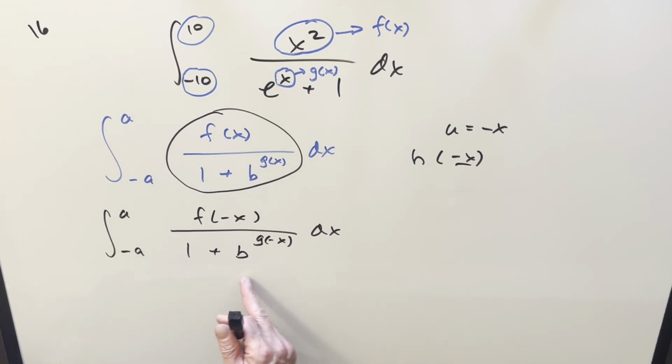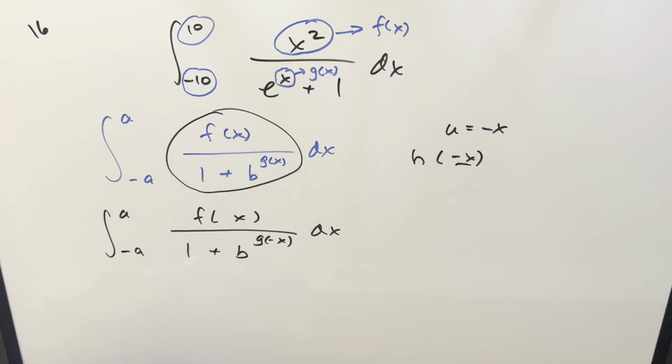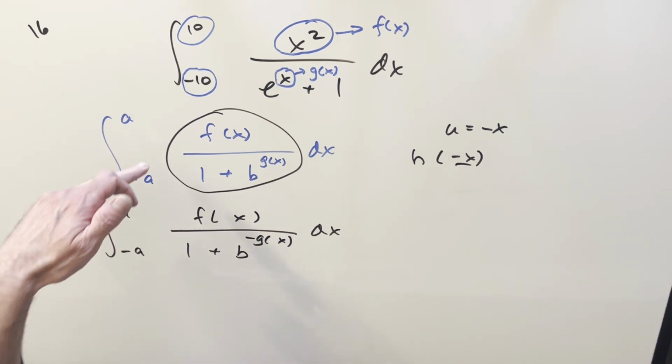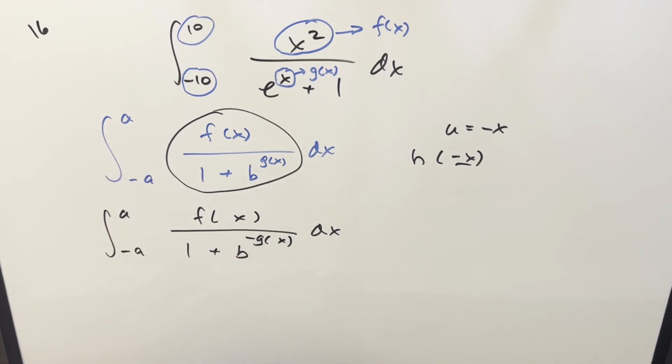But then we can just use the definition for odd and even functions. For an even function, if we input minus x, it's the same thing as f of x. So we can just put it back like that. And for an odd function, if we have g of minus x, that means we can take the minus out front. So notice that we have something really similar to our original problem, but not quite. We have the minus sign on this exponent.